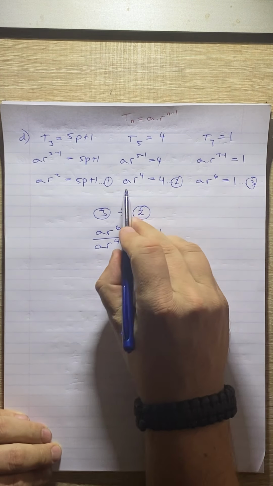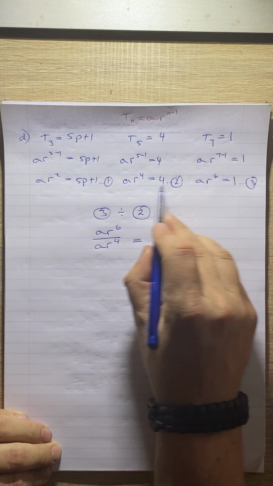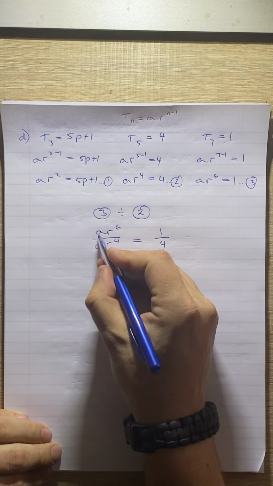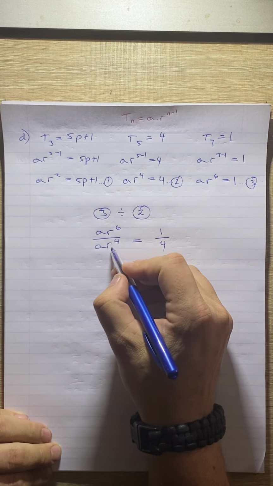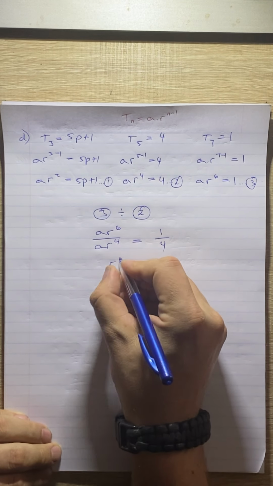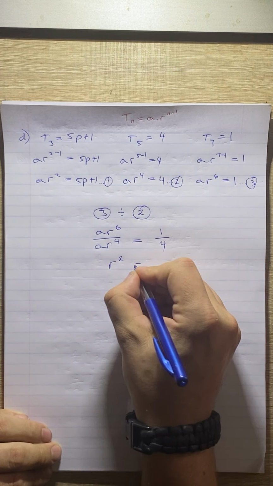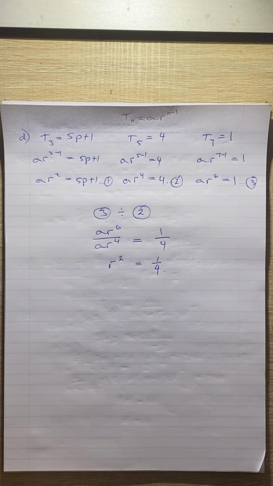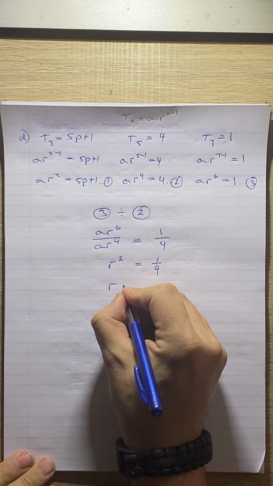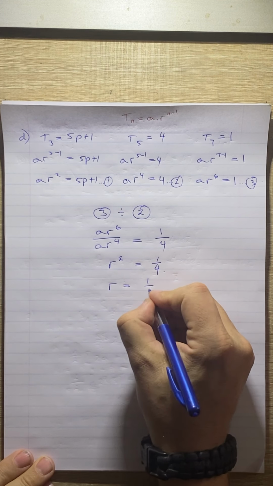Here you can see the A's will cancel. Then you've got R to the 6 divided by R to the 4, which is going to give us R squared equals 1 over 4. Then I can just take the square root. So we get R is equal to a half.